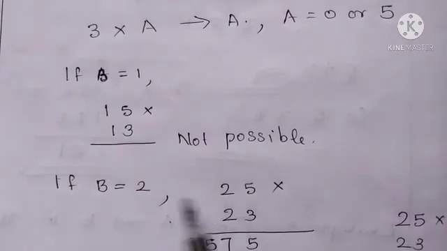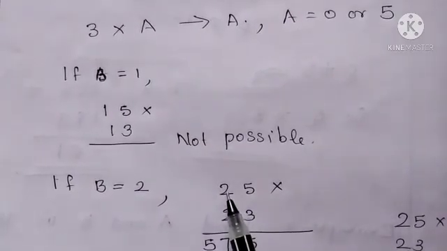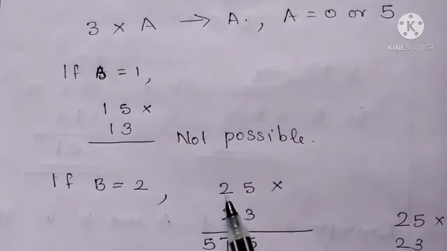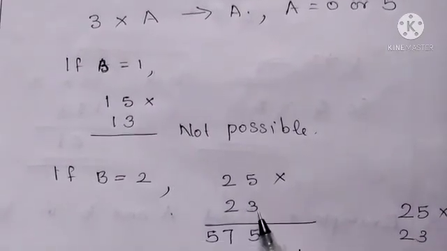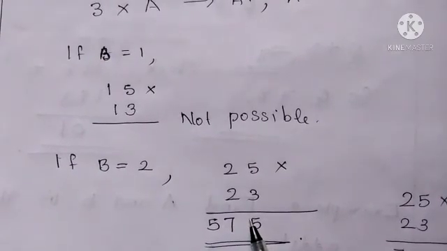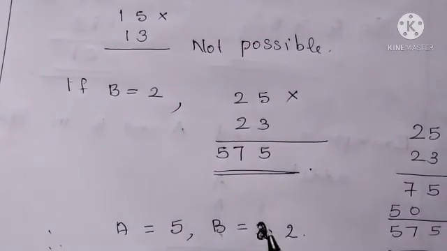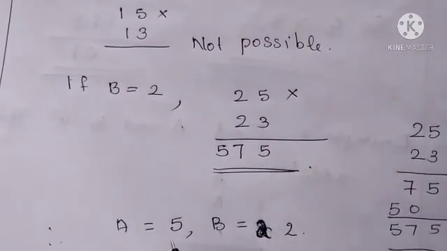B equal to 2, we can write 25 into 23. In the place of B we write 2 and will get 25 into 23. Then we will get 575. So what is the solution? B equal to 2 and A equal to 5.